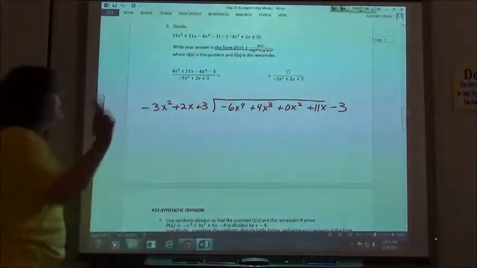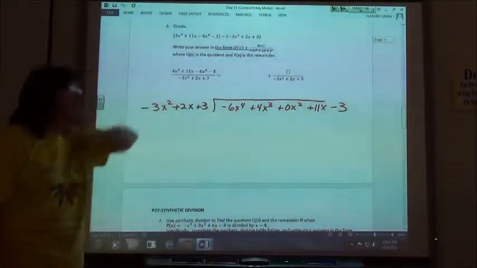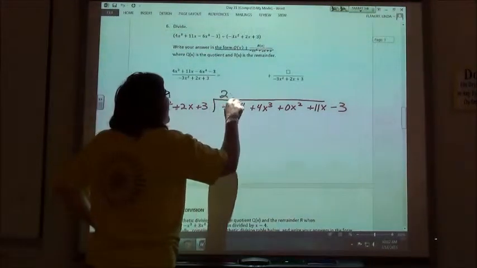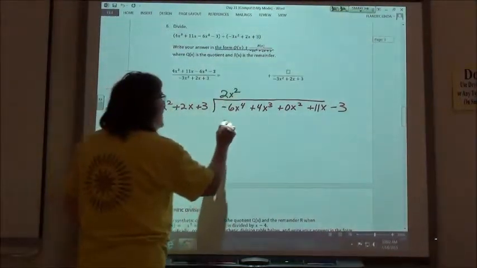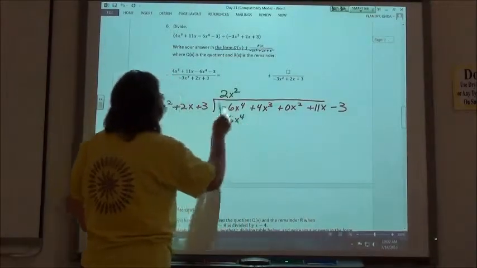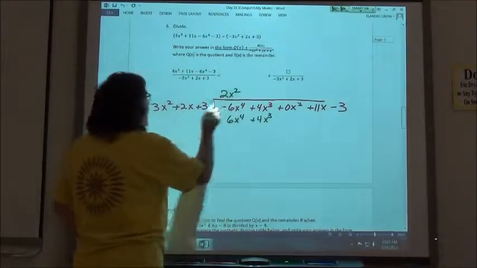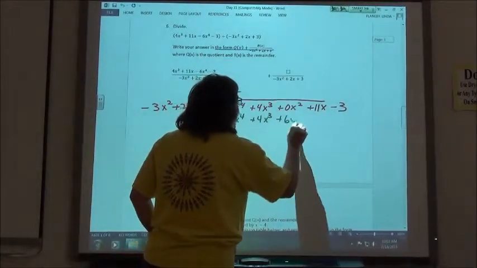So what times negative 3x squared gives us negative 6x to the 4th? 2x squared. So we get negative 6x to the 4th, positive 4x to the 3rd, and a positive 6x squared.